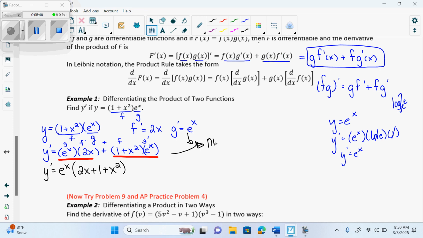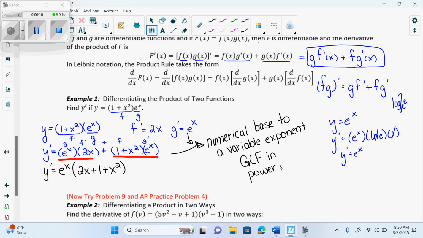Numerical base to a variable exponent, you will GCF in product rule.